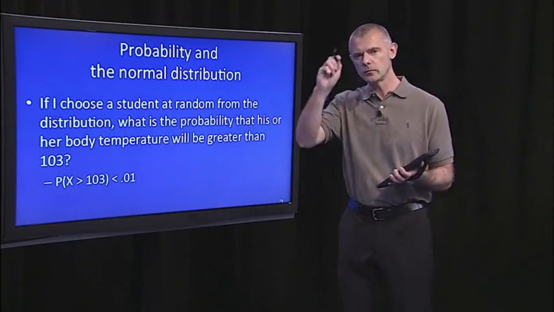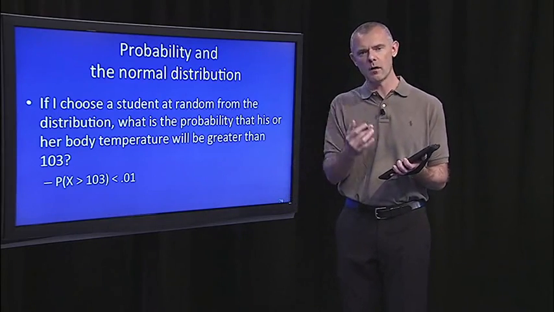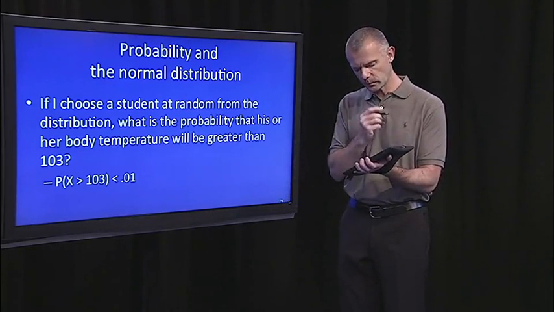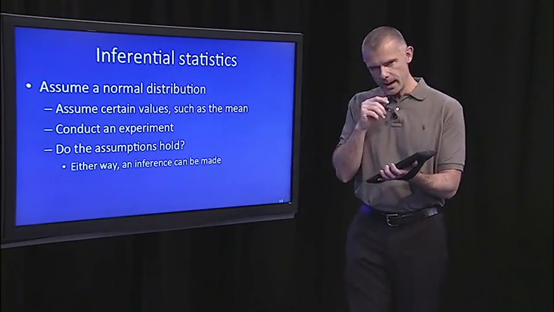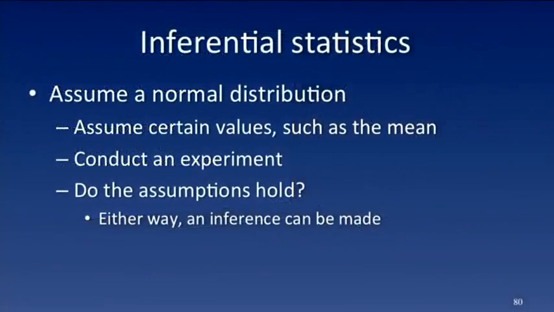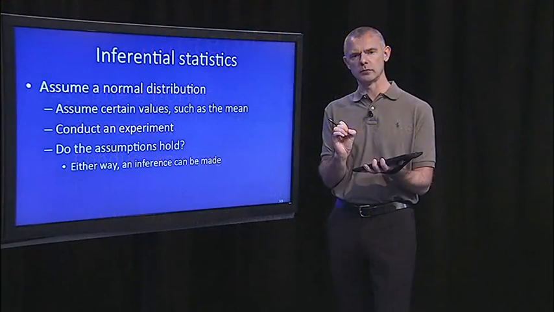We're going to assume a normal distribution with certain properties, and we'll assume certain values, like what's the mean of that distribution, and then we'll conduct, say, an experiment, and we'll measure the same variables again, and we'll see, do they still fall into that assumed normal distribution?